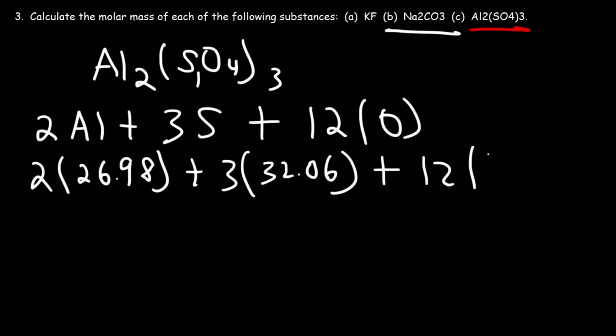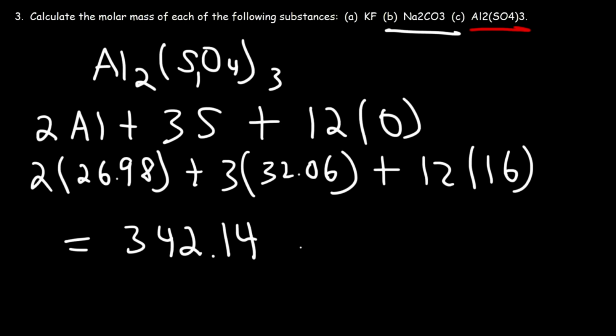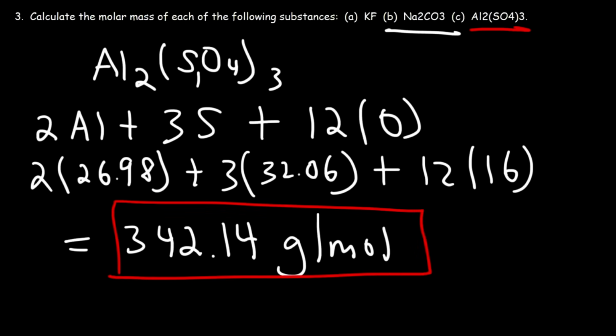For oxygen, we know it's 16. Let's plug these numbers in and see what answer we get. So I got 342.14 grams per mole. That's the molar mass of aluminum sulfate.